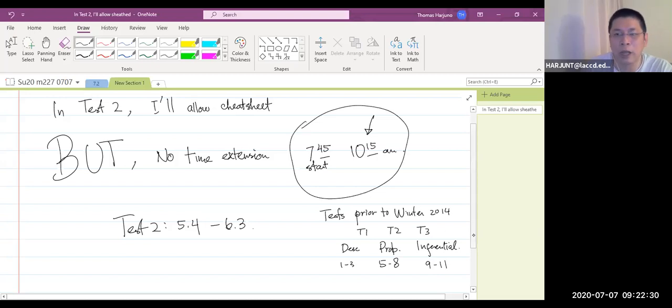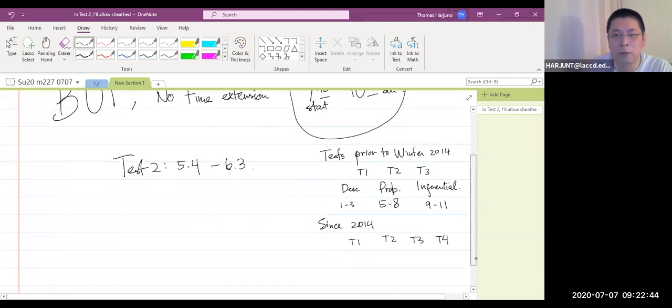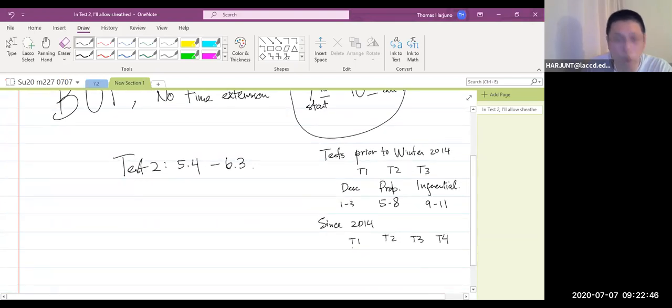Since 2014, I give 4 tests. According to your textbook, test 1 is chapter 1 to chapter 3, together with a bit of 5.1 to 5.3, and then your test 2 will be 5.4 to 6.3.